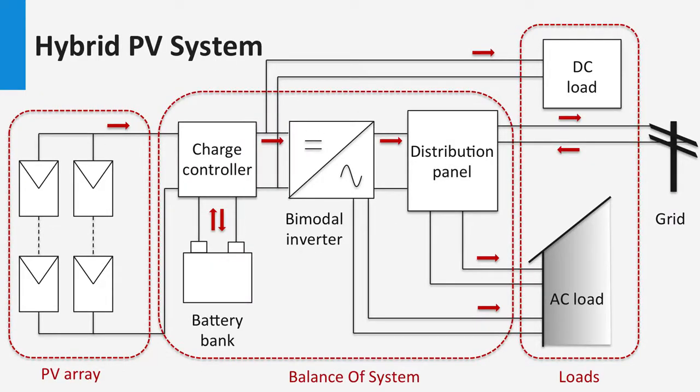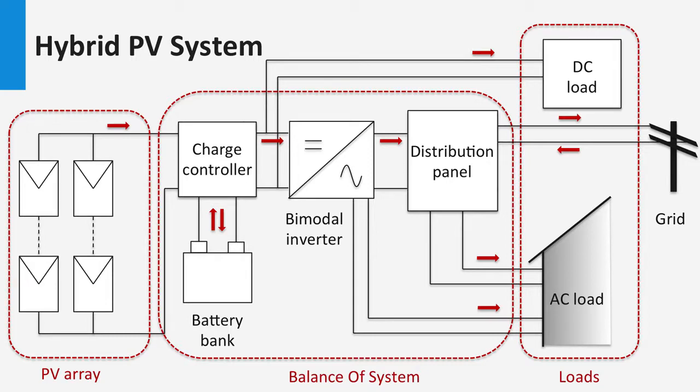Here we see a hybrid system. These configurations are much rarer. The PV system is capable of functioning either as a standalone system with battery storage or in a grid-connected mode. The inverter plays a crucial role as it has the necessary hardware implementation to work in either mode based on the operating conditions.